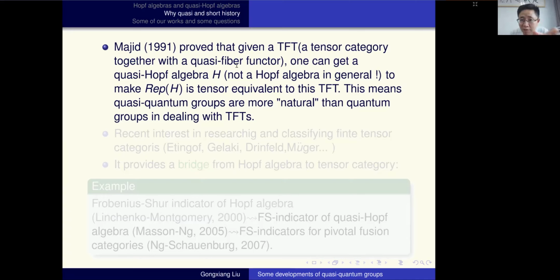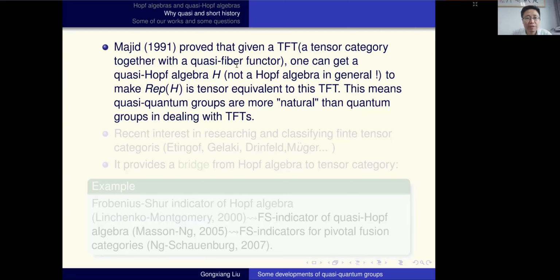Please remember, not a Hopf algebra in general. So we get a quasi-Hopf algebra in general, making the representation category of H tensor equivalent to this TFT, to this tensor category. So this means quasi-quantum groups sometimes are more natural than quantum groups or Hopf algebras in dealing with TFTs. This is the reason.